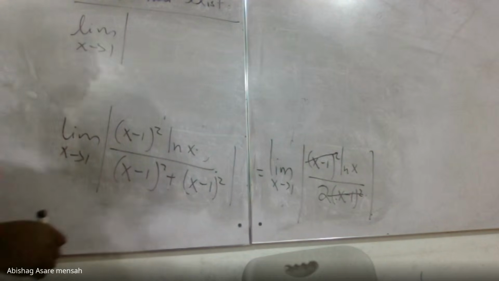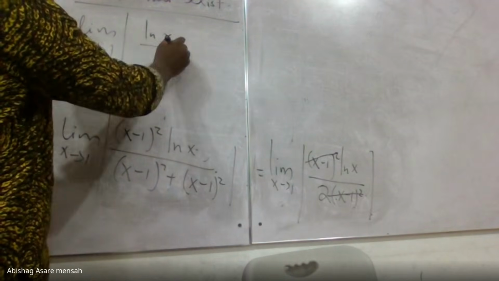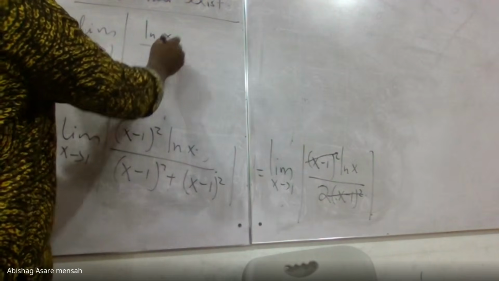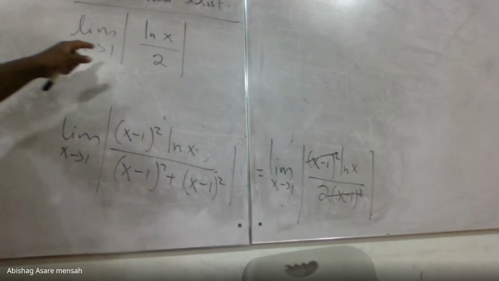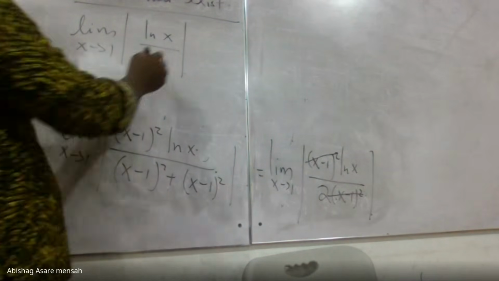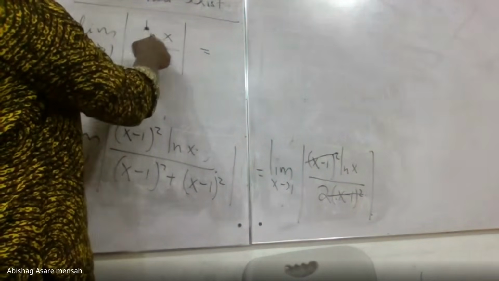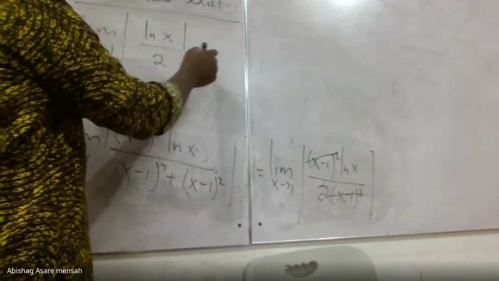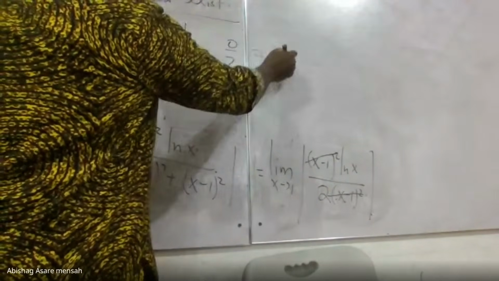This time to what? x approaches what? 1, and y approaches 0. So wherever I find x, I put 1 there. And I told you, log 1 is what? 0. Then 0 over 2, which is 0.